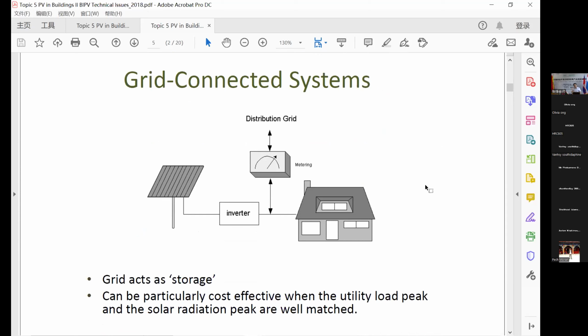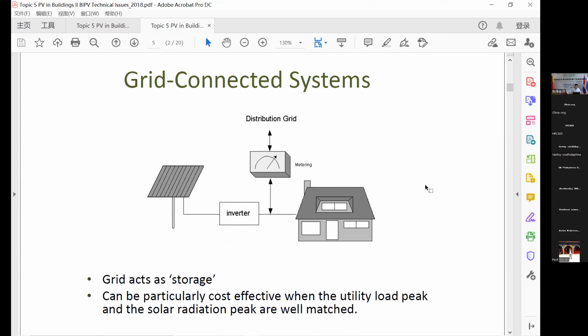Normally there are two categories of PV system: one is the standalone PV system, and the other is the grid connected system. A standalone system does not connect to the grid at all, so the power generated by this system can be used by the local electric load by themselves.